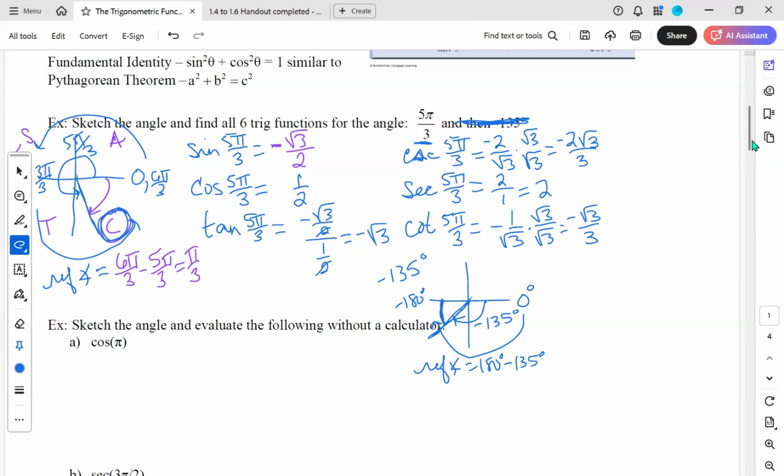We're trying to find out what value, but we want it as a positive angle measure. So this gives me a reference angle of 45 degrees. So now I can go find my 6 trig functions. So I got the sine of 45 degrees, cosine 45 degrees, and tangent 45 degrees.